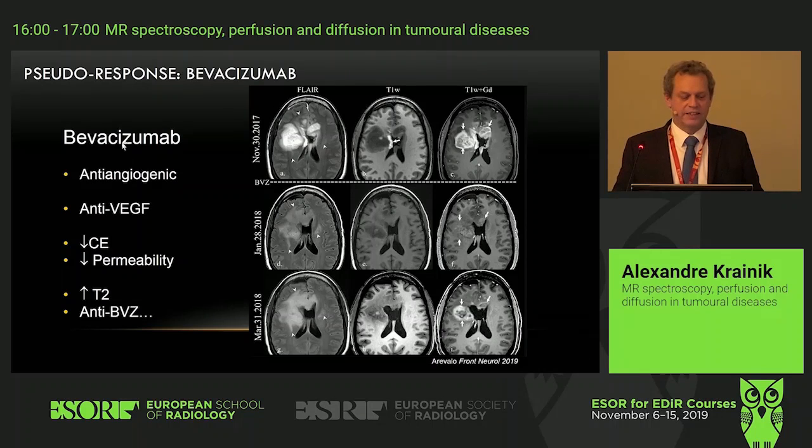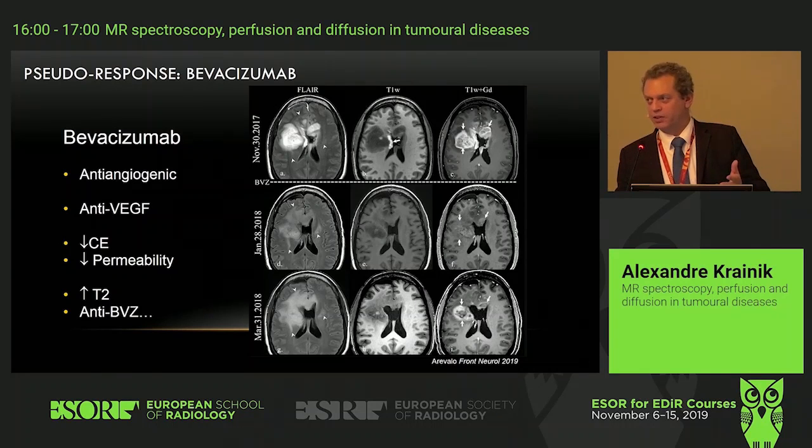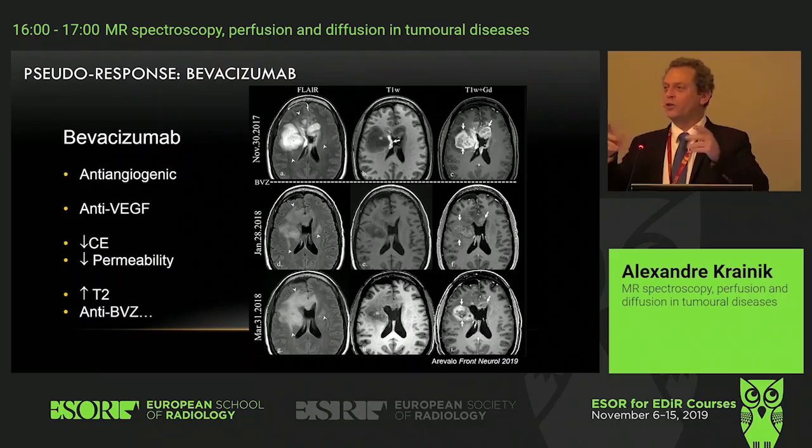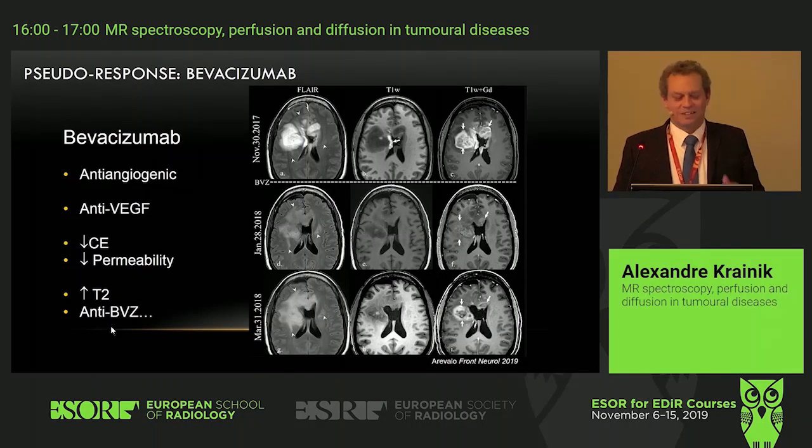And the fact is that this agent will lead to a decrease of contrast enhancement and a decrease of permeability. But at the same time, it doesn't mean that it cures the tumor. In a certain way, it only cures the vessels. It only means that the vessel seems to be cured.